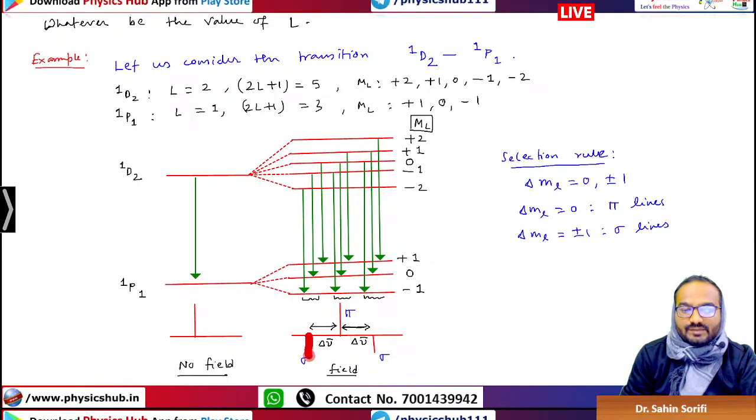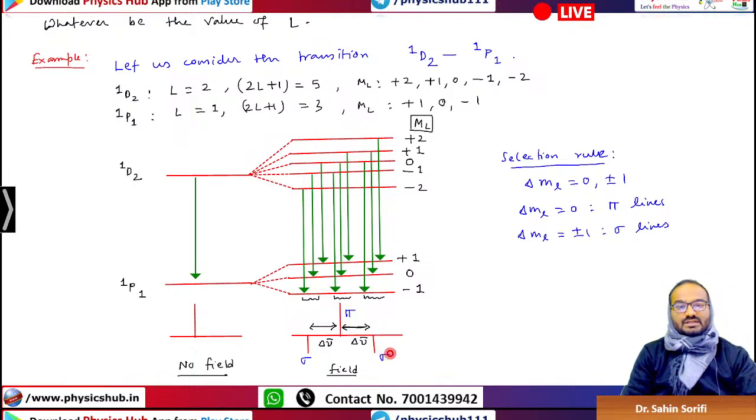The position is the same for these 3 transitions. That is why we see 3 lines, but actually each is composed of 3 different lines. So your answer will be 3, because they are falling on the same wave number.